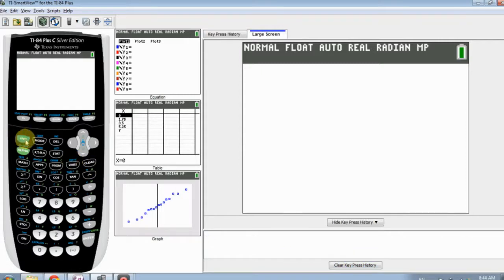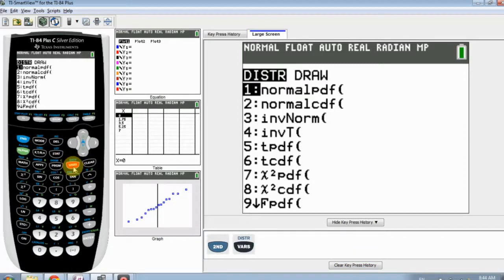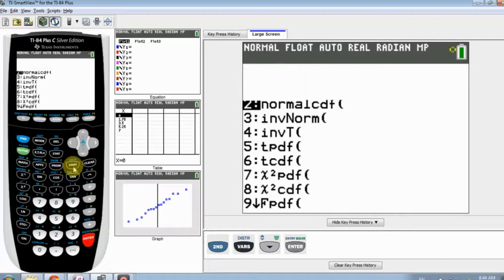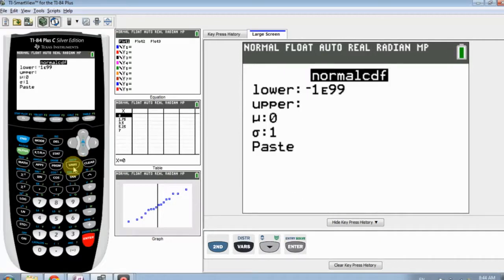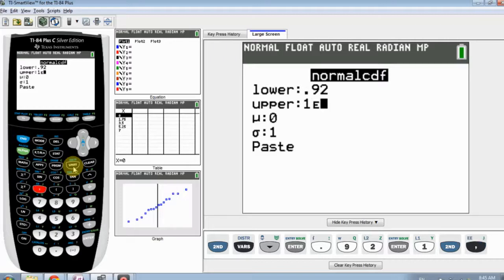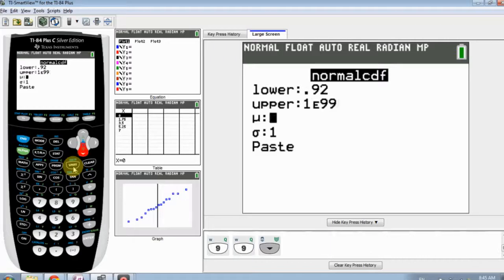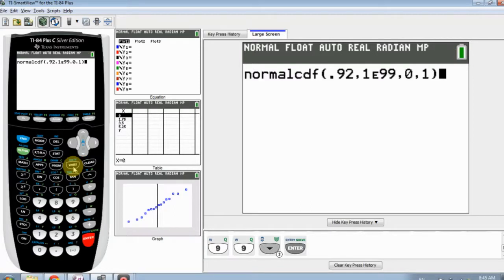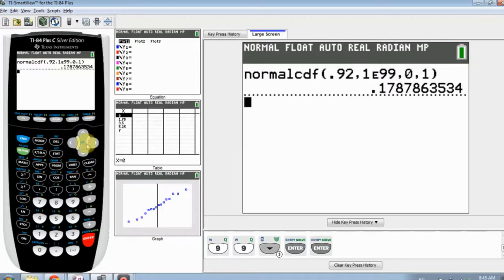We're going to go distribution, normal CDF, 0.92 to 1E99.